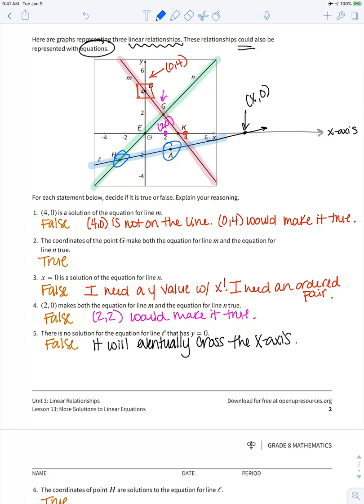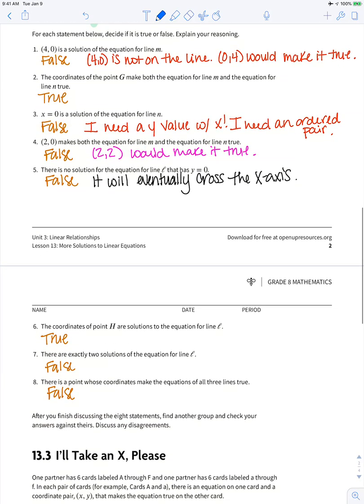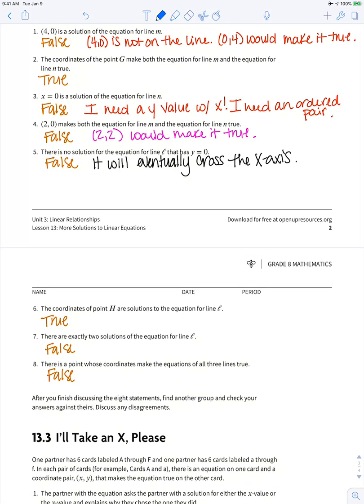Those are not the only solutions to line L. There are points that we don't see. For example, this right here is a point that is not labeled, but it is a point on the line. It is a solution. This here, this here, the ones that are not even shown on the graph. There are infinitely many points that lie on that line which make those solutions. So it's not just 2.